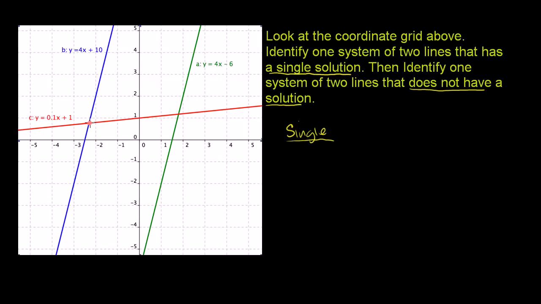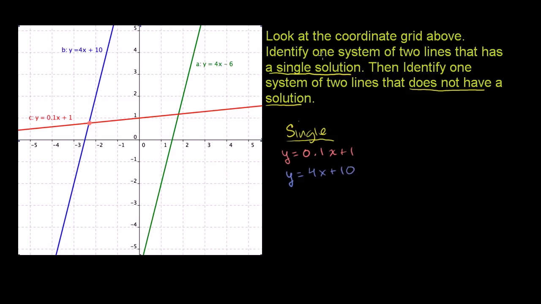So this dot right here represents the solution to both of these, or another way to think about it, it represents an x and y value that satisfy both of these constraints. So one system that has one solution is the system that has y is equal to 0.1x plus 1, and then this blue line right here, which is y is equal to 4x plus 10.